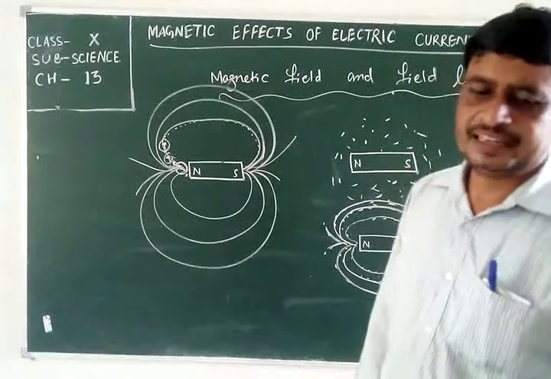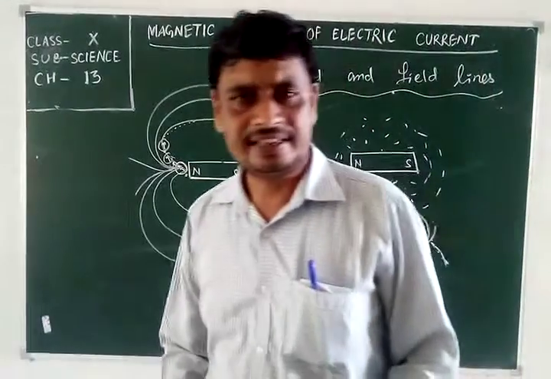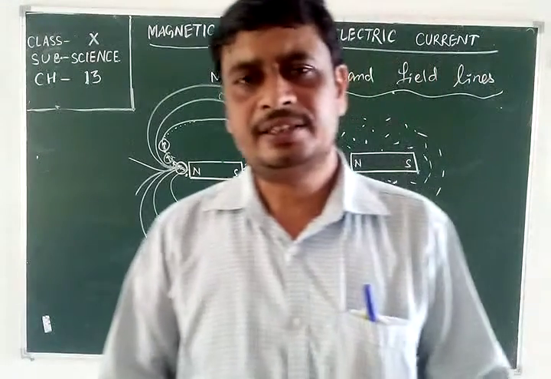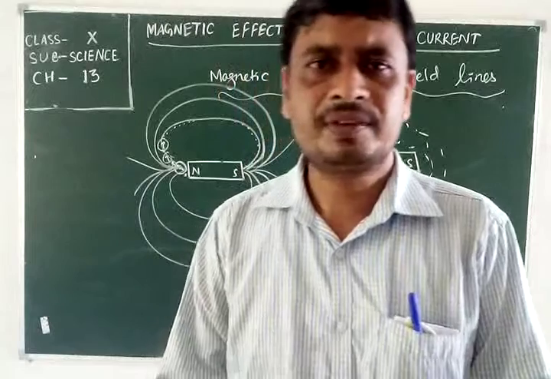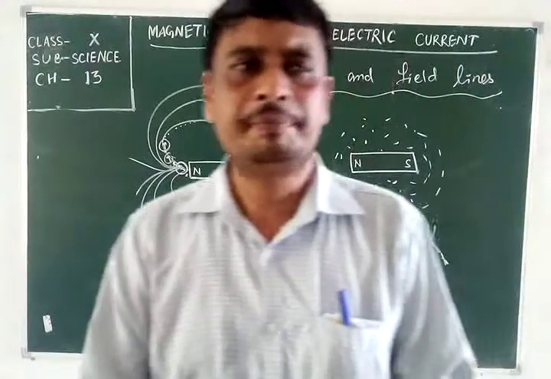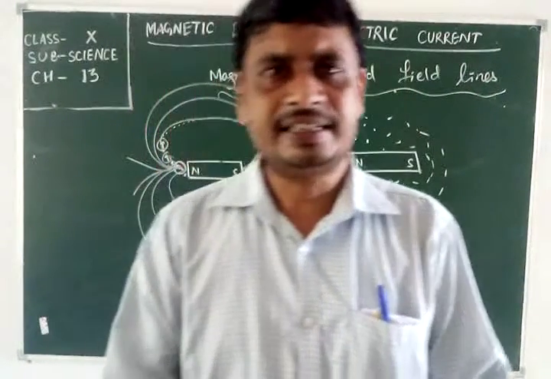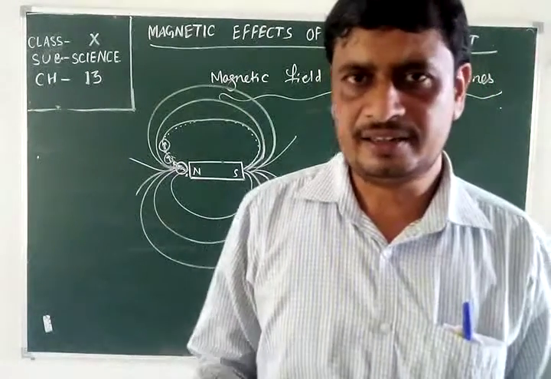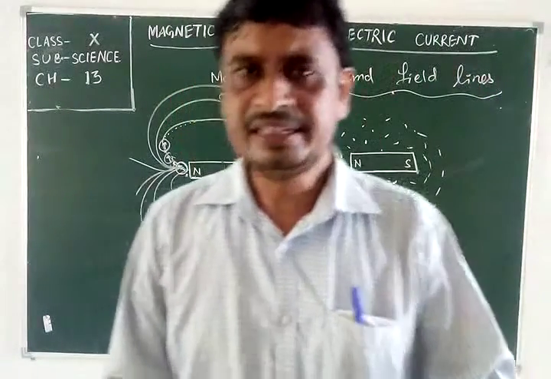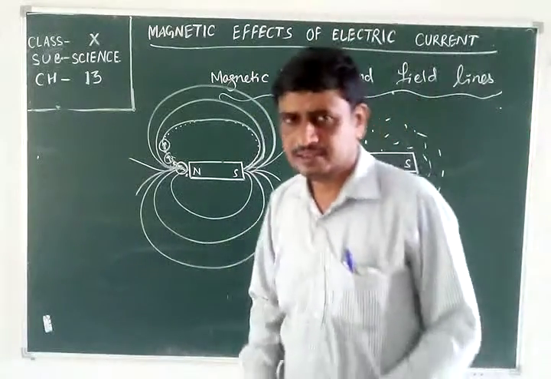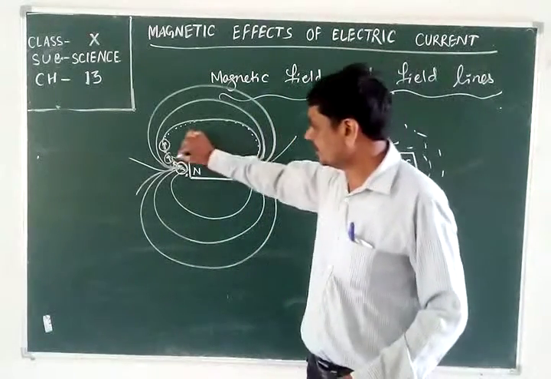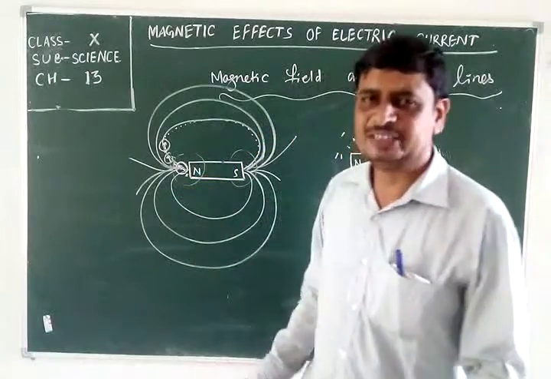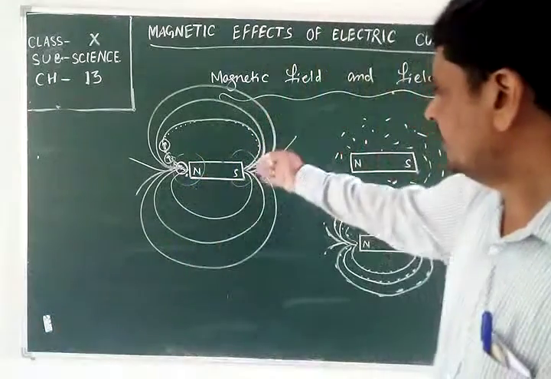If more field lines are there in any region, at that place the strength of the magnet will be more. If fewer field lines are there in any region, then less magnetic force will be experienced in that region.